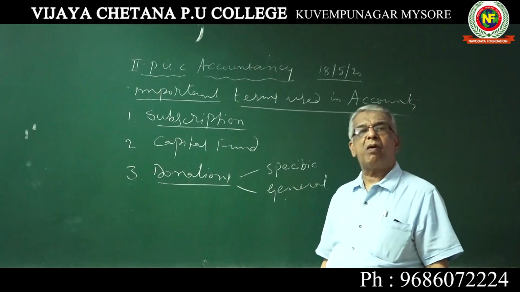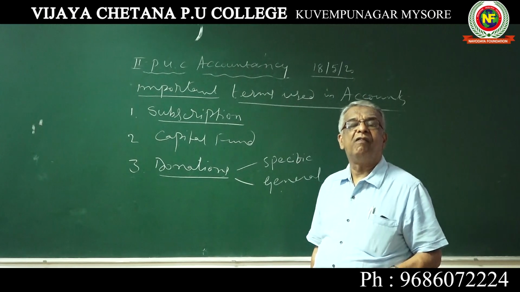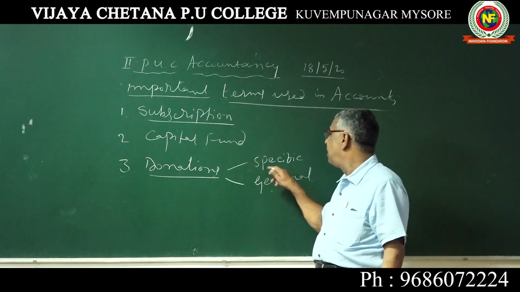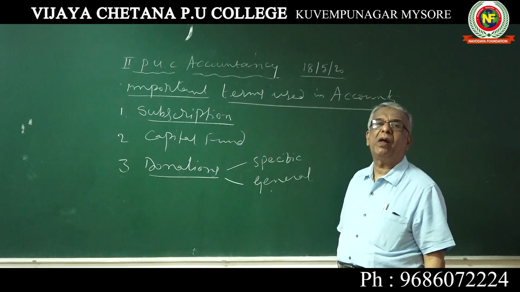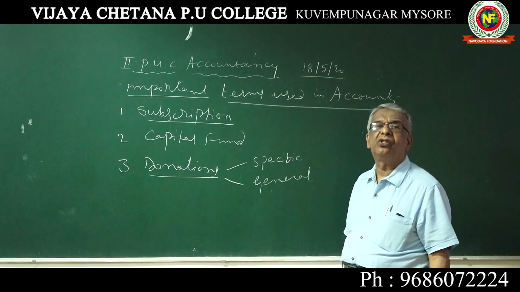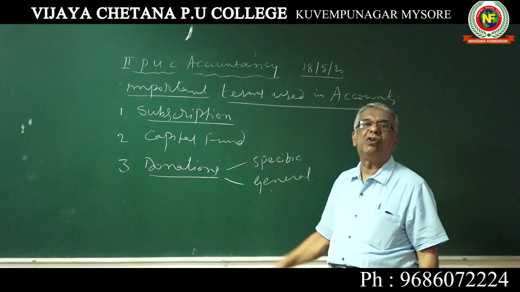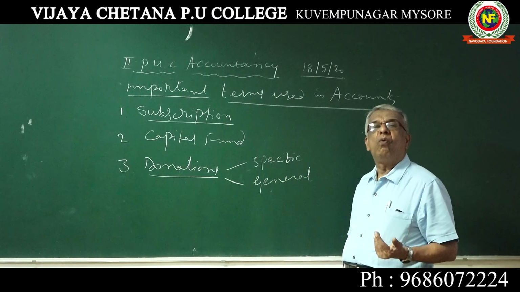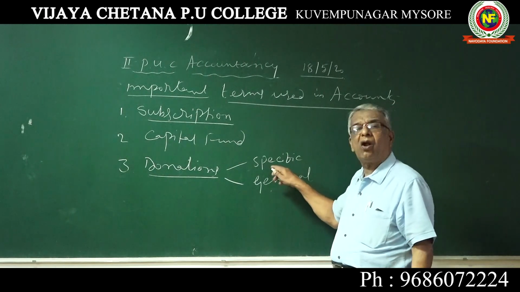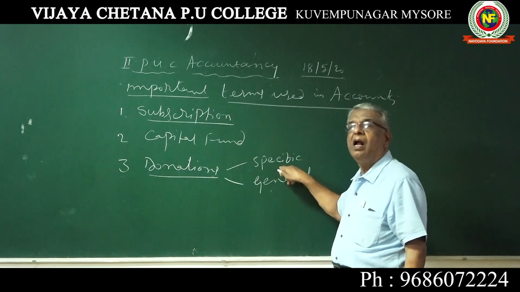If any amount or property is received from the donor for a specific purpose, that amount we are going to call specific donation. For example, if any amount is received from a donor to construct a swimming pool in a college or in an organization, that amount we are going to call specific donation. That amount has to be used only for that specific purpose, and you cannot use it for any other purpose. That is what is called specific donation.